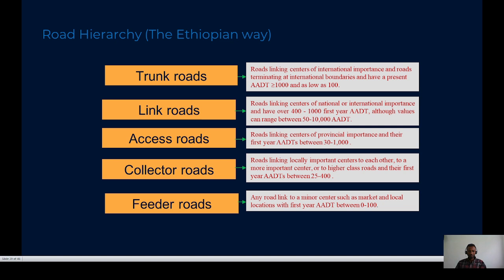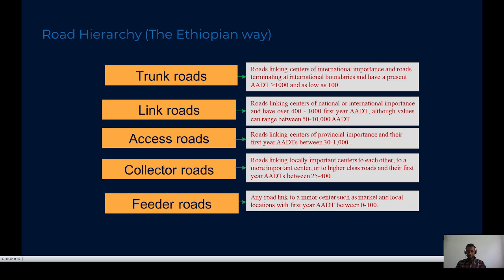The first classification is trunk road. These trunk roads link international boundaries of international importance. For example, Ethiopia to Djibouti, Ethiopia to Kenya, Ethiopia to Sudan. Major roads at international boundary crossings will be trunk roads.